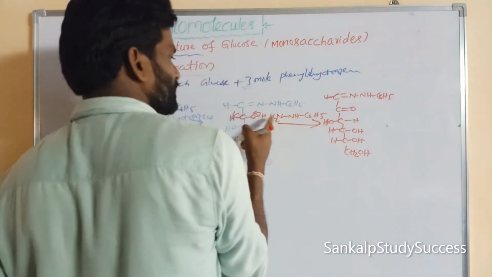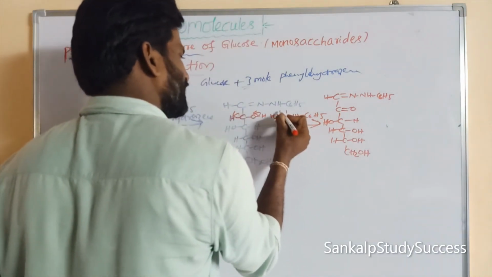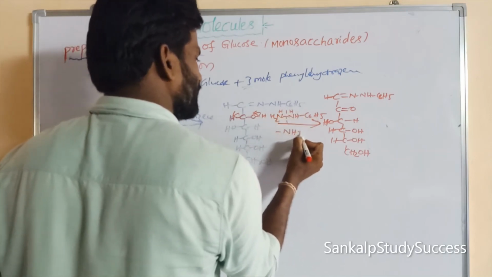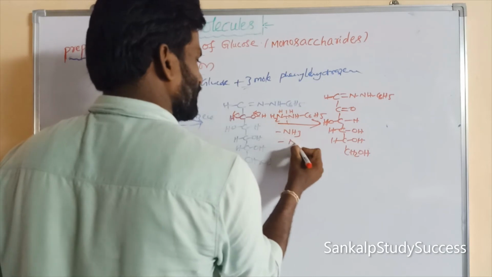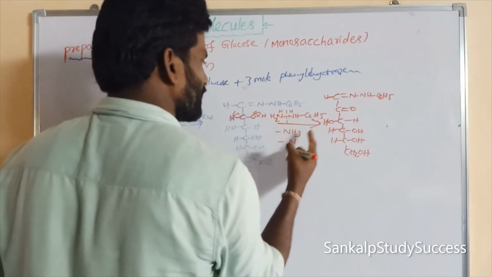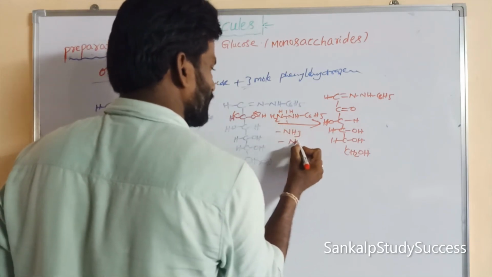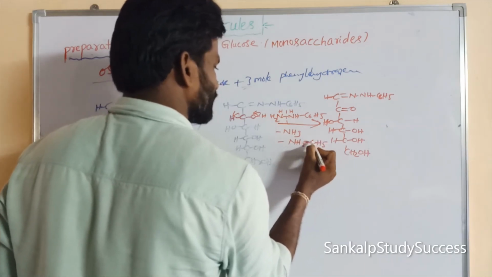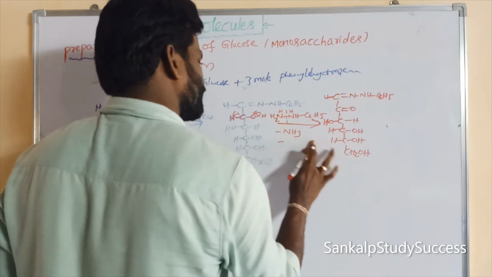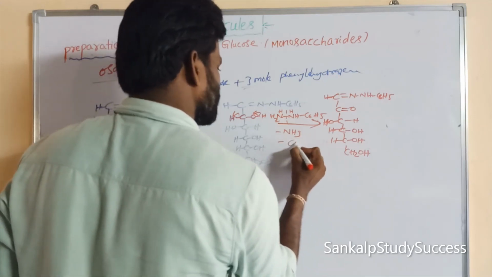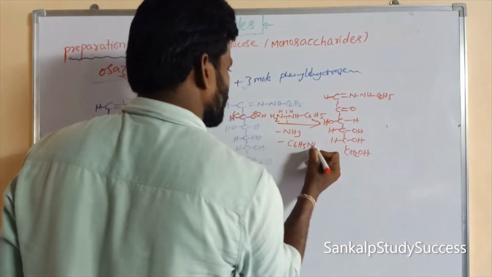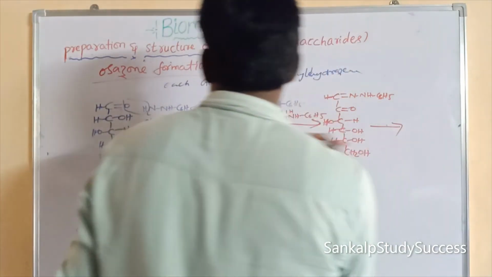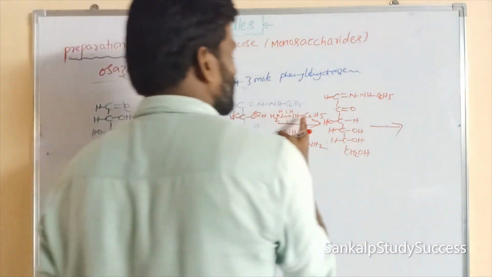The loose hydrogens are added here, H and H. NH2-C6H5 is removed, that is aniline, C6H5NH2. So this is the first molecule, and this is the second phenylhydrazine molecule.